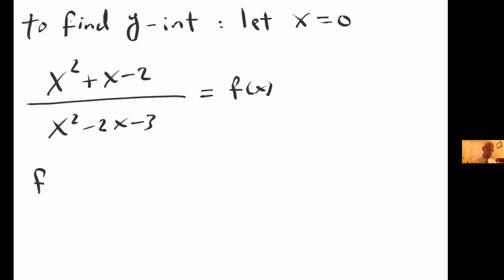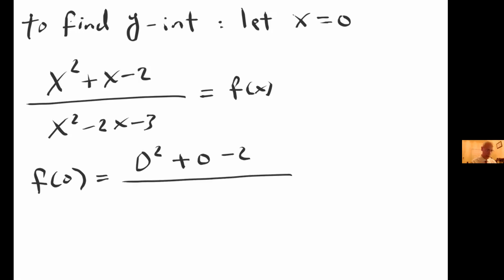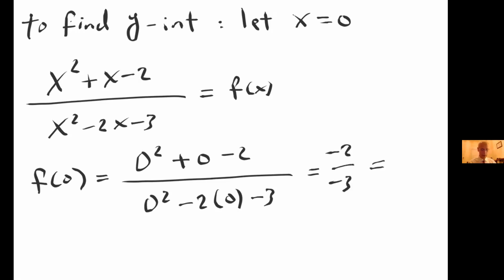So f of 0 equals 0 squared plus 0 minus 2 over 0 squared minus 2 times 0 minus 3. So I'm left with minus 2 over minus 3, canceling the negatives, I'm left with 2/3. So the y-intercept is at (0, 2/3).